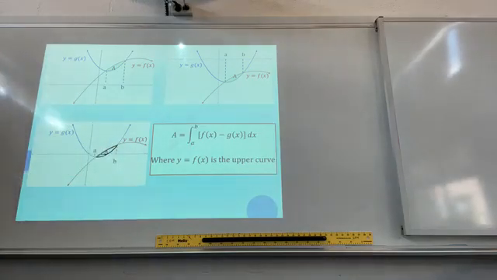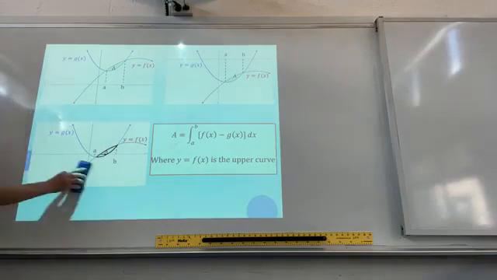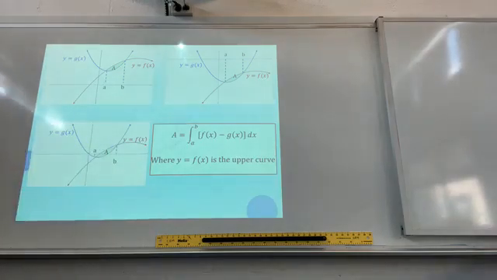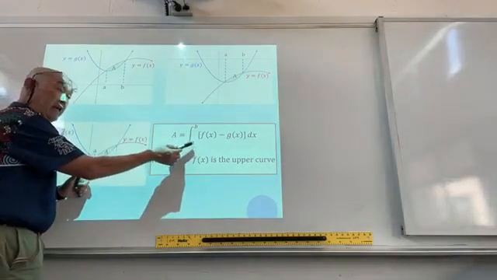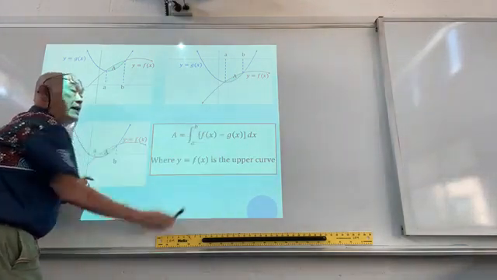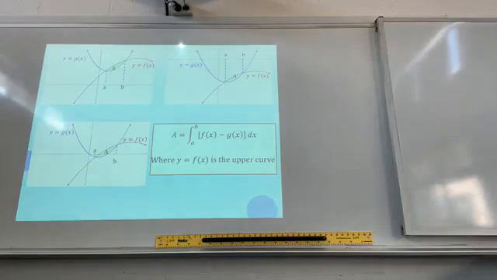You will end up getting the same thing. So make sure that you can identify the upper curve and then the lower curve. And as long as you know the area in between the curves is the integral from a to b of f(x) minus g(x) dx, you'll be fine.